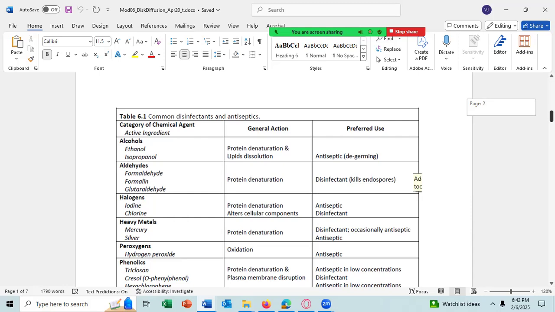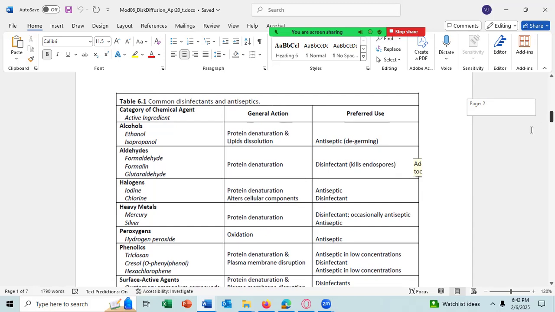Here's a table of some common disinfectants and antiseptics, giving the category, the chemical agent, the general action, and the preferred use. Like alcohol, ethanol, isopropanol are a really weak antiseptic.